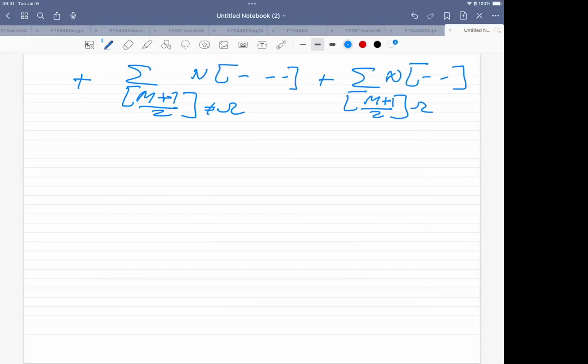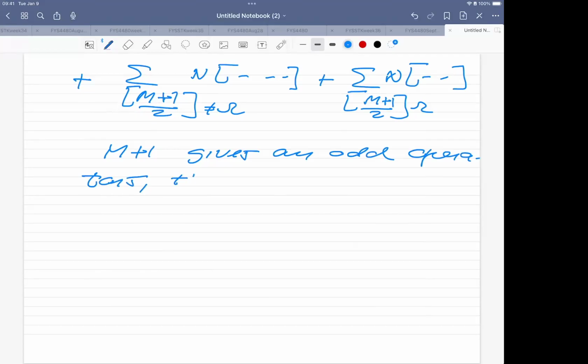So everything is contracted. Now, the point is that if m plus 1 gives an odd number of operators, then we end up with an operator which is uncontracted.